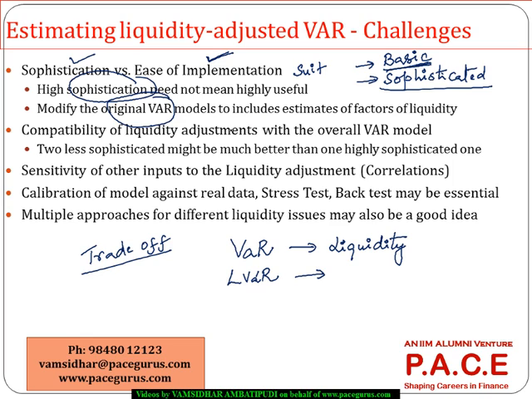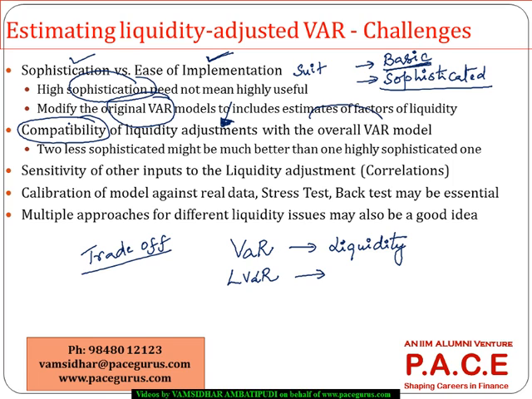And the other thing is, I'm building a liquidity based VAR model by bringing in some kind of liquidity adjustments to the overall VAR. But what I need to look out for is the compatibility. If my original VAR itself is getting impacted, then there is no point in adding additional liquidity based add-ons to that model, because the original itself is getting badly impacted.